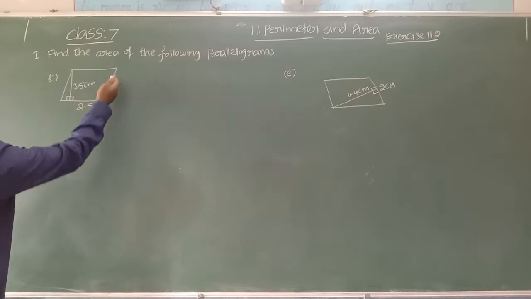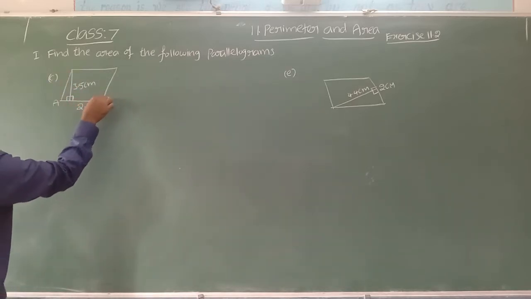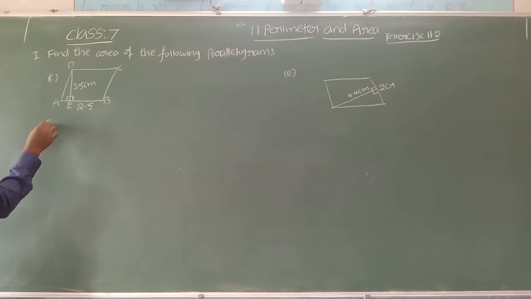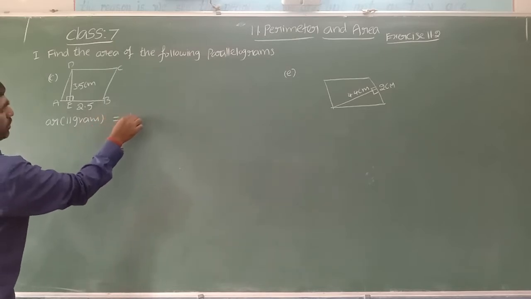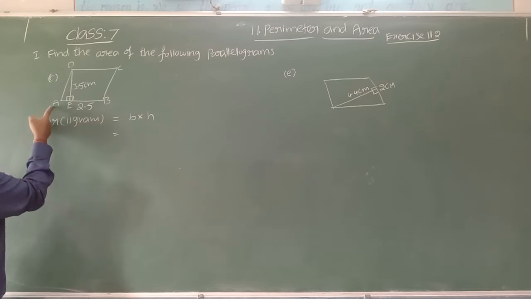Now I think there are no names for the corners. Let me draw the names here. Write the names A, B, C, D for the parallelogram. Let me take the height as DE. Now let us find the area of this parallelogram. Area of parallelogram is equal to, what is the formula I gave you? Base into height. What is the base?